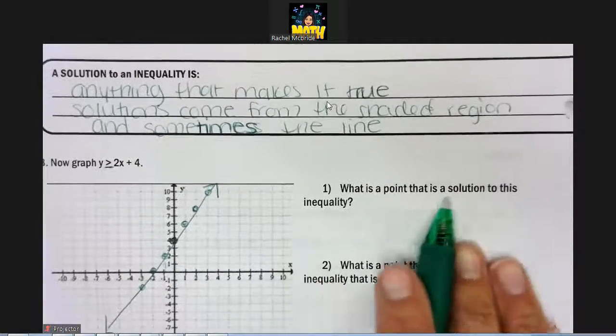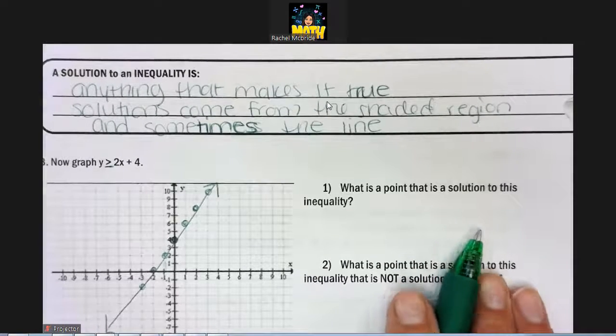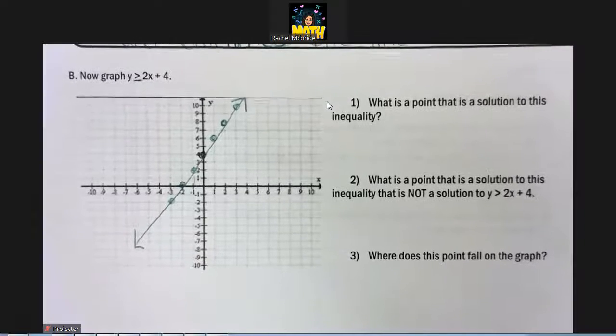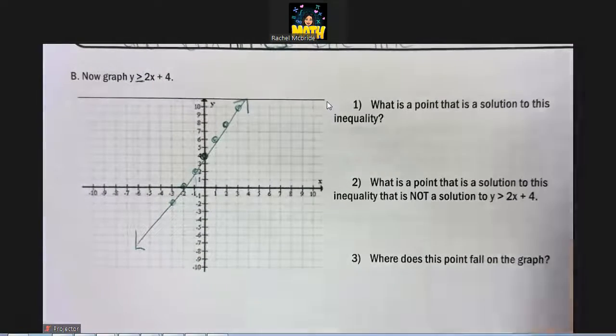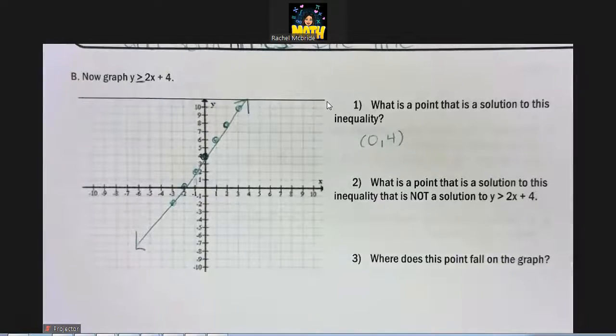And it says, what is a point that is a solution to the inequality? So a point that is a solution, would it be a point from the line? So you could give 0, 4.